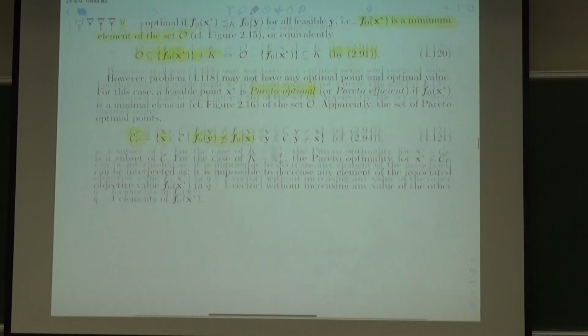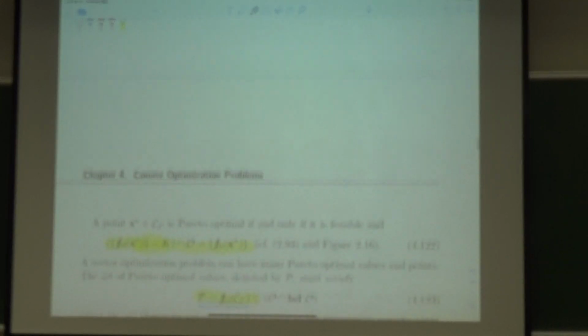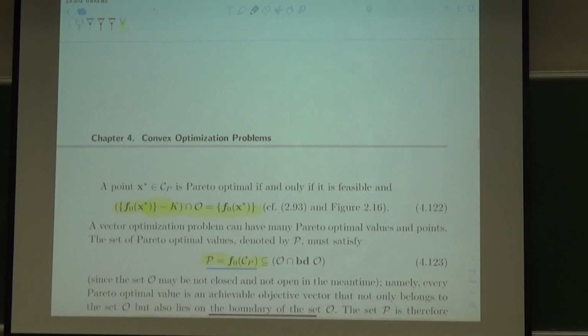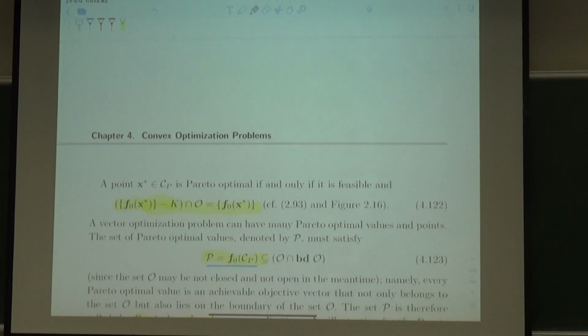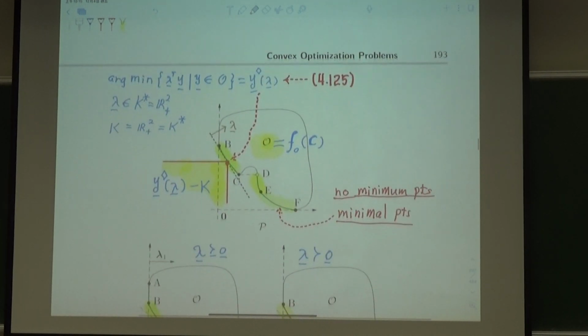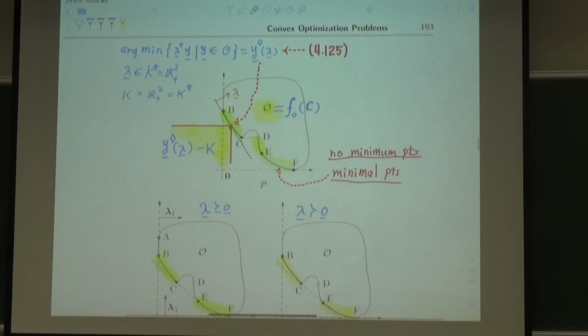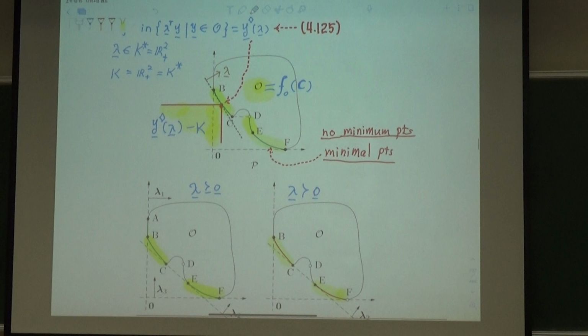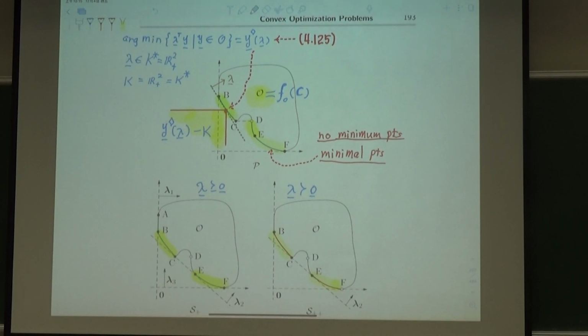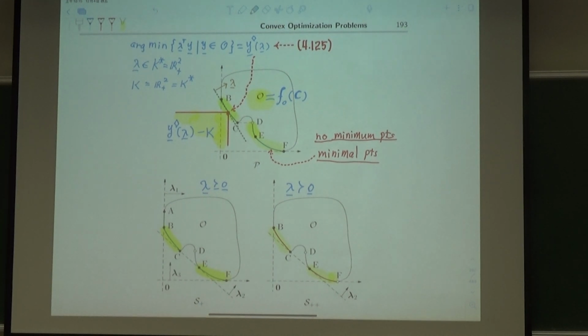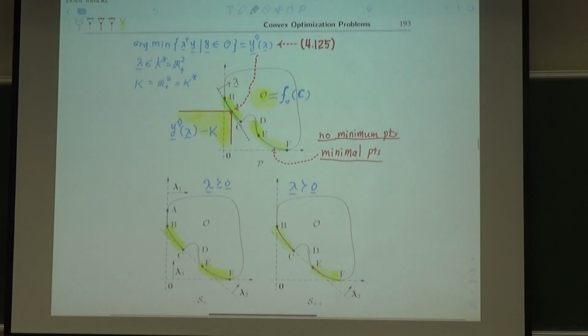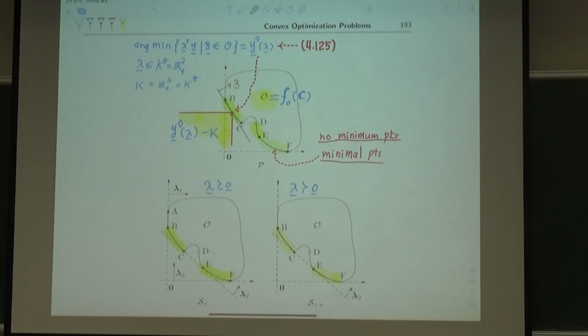Okay, this page is an example. We have this set O, and we want to find the minimal points or minimum points.